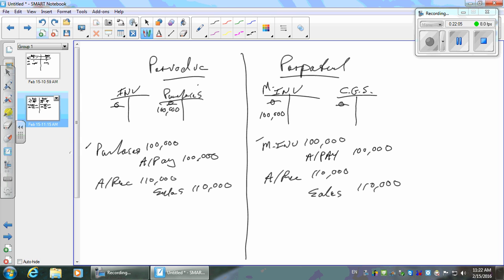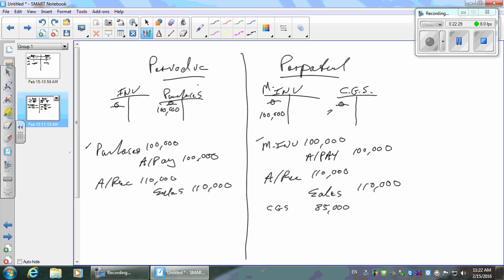Now what? Under perpetual, you wanted to credit inventory, didn't you? Because you want to perpetually keep track of how much you've got. What did I say the inventory cost? 85. So my sales is 110. My cost is going to be 85. Where am I going to put the cost? What account? Cost of goods sold. Absolutely. Cost of goods sold is going to be 85,000. And what kind of an account is that? Expense.